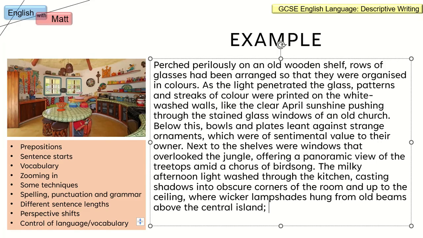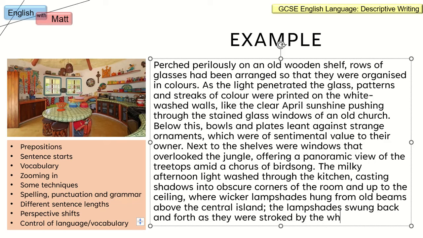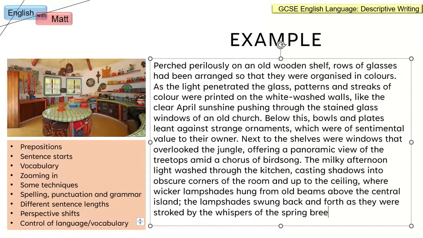Semicolon, so punctuation is varied and used accurately. The lampshades swung back and forth as they were stroked by the whispers, kind of personification here, by the whispers of the spring breeze.